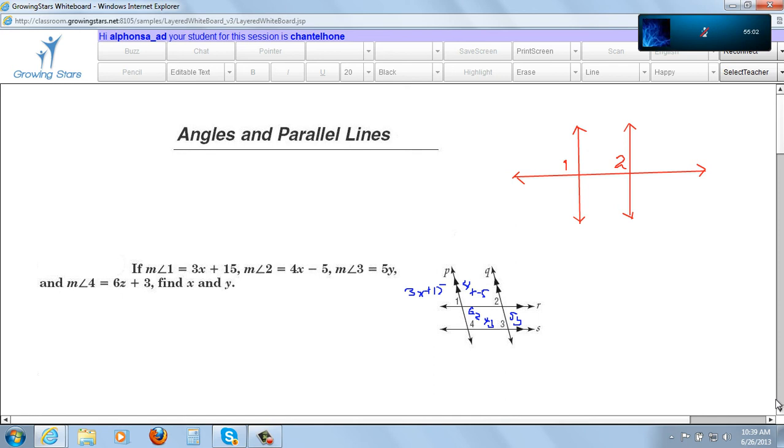They are corresponding. So what is the property of corresponding angles? They are equal: 3x plus 15 equals 4x minus 5. Then connect with the next pair. So now you'll be able to get the value of x, right?